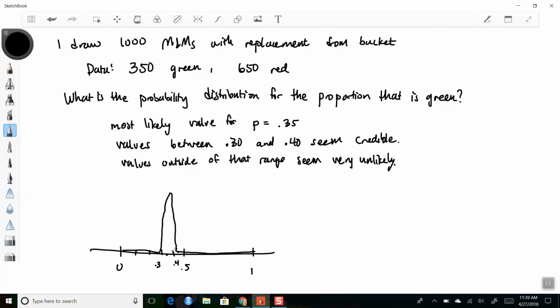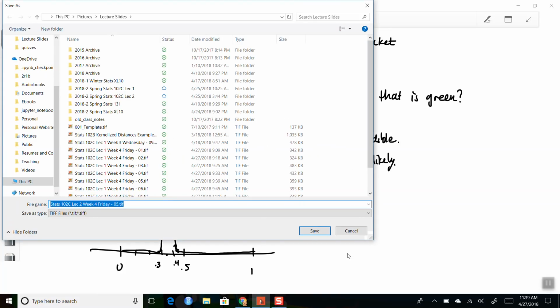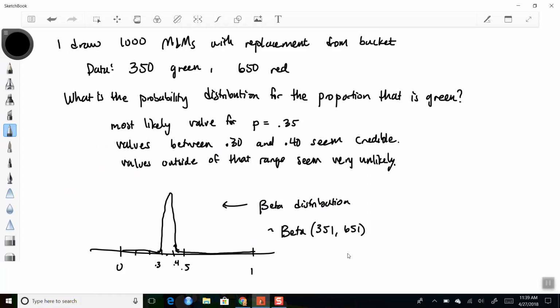This is what our distribution would look like, kind of saying that only values between 0.3 and 0.4 are possible, with 0.35 being the most likely. And this is also a beta distribution. Don't worry about these numbers, 351, 651 would be the shape parameters that we would use there, okay?